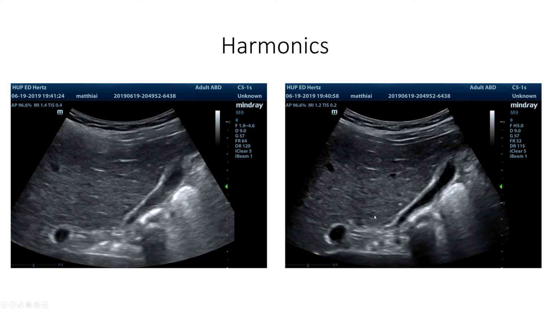Why? Well, to generate a harmonic, to have that 2.5 central frequency sound hit some tissue here, like a little bit of liver or a little bit of edge of gallbladder wall, and generate a harmonic, a double frequency to come back, the sound has to be pretty strong.